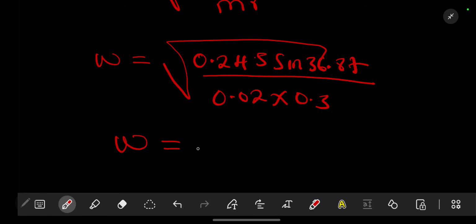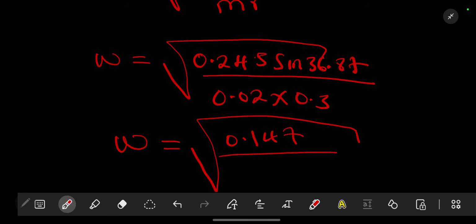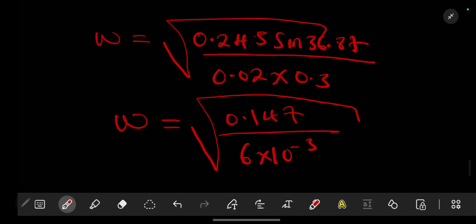This gives us a value of the root of 0.147 over 0.02 times 0.3. According to my calculator, don't want to make a mistake, it's giving me 6 times 10 to the power negative 3.